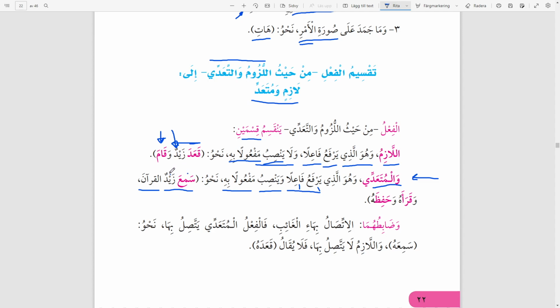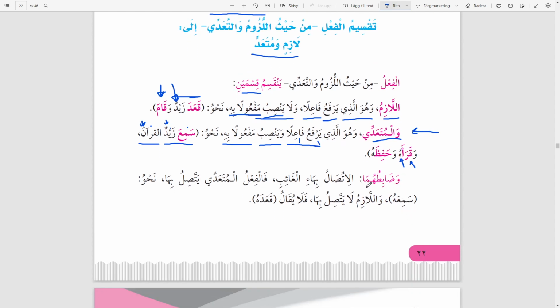Zayd heard the Quran. مرفوع, actor. منصوب, object. وقرأه, and he read it. So الهاء here is not exactly mansub, but it is supposed to be mansub if it weren't to be mabni. So this is really about i'rab, so it's not about sarf. وحفظه, same thing.